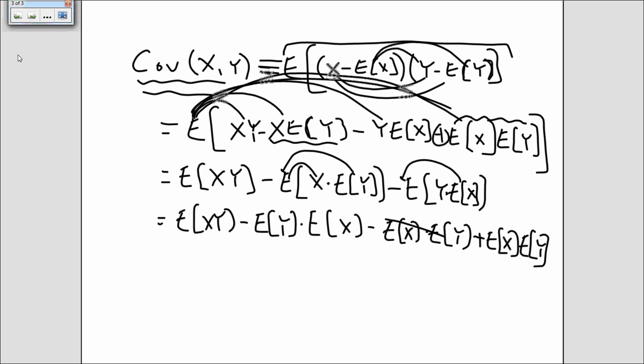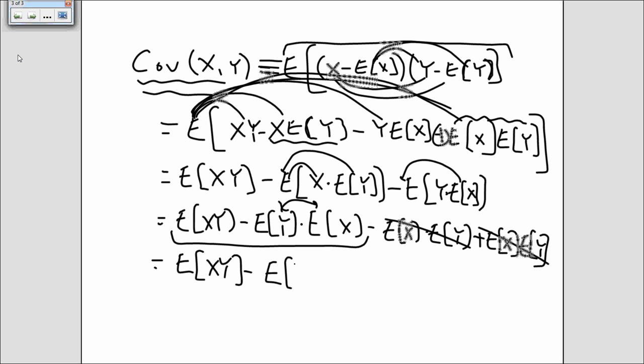If you take away E of x times E of y, and then you add it back, it's 0. So all that survives is this. You get E of xy minus, I'll just commute that product, instead of E of y times E of x, I'll say E of x times E of y.